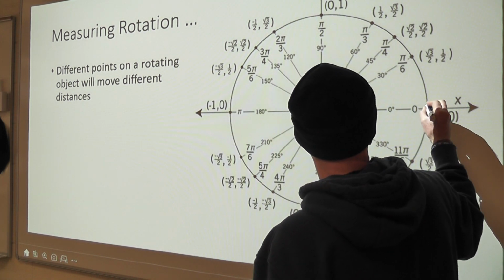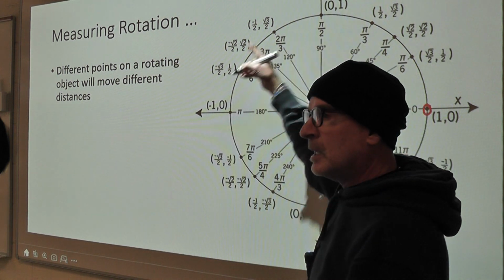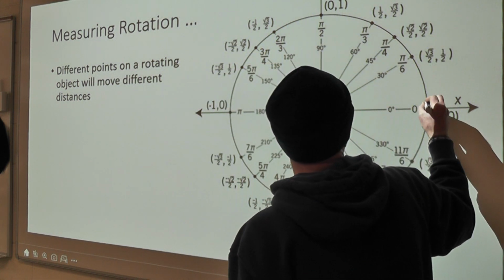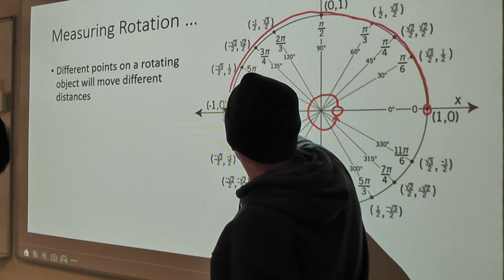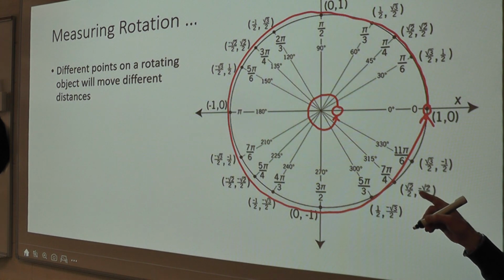If we were to put a penny right here and another penny right here, and then rotate it counterclockwise once, they would not move the same distance. The inner penny would move a few centimeters. The outer penny, to me, that looks like more than a meter.